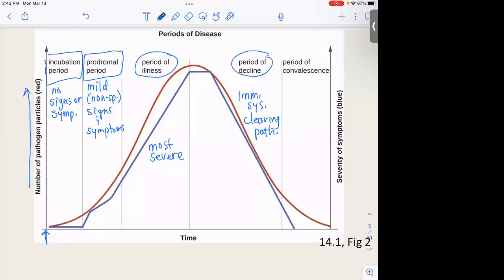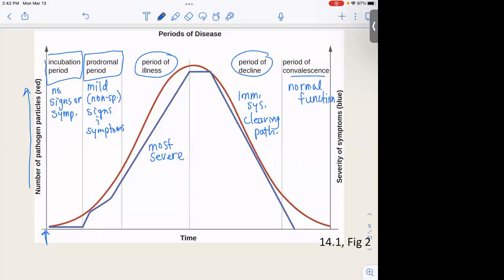Again, hopefully if the immune system is winning out, then you would still have a period of convalescence where you have normal function, and probably very few signs or symptoms, but there's still a potential that there may have been some chronic damage.